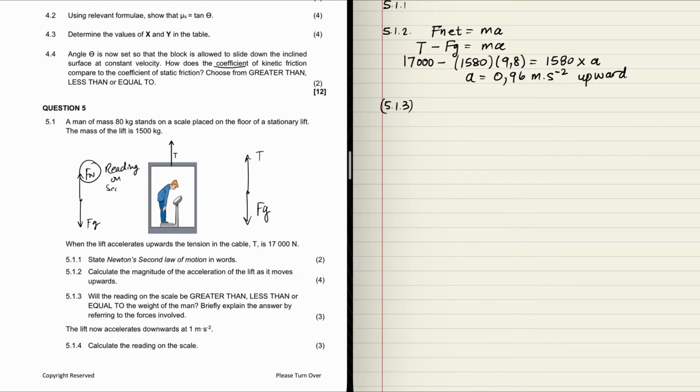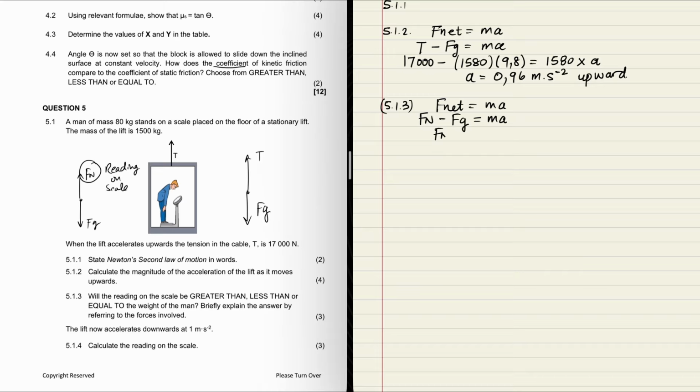Reading on the scale. So we can apply F net equals ma for this man. So F net equals ma. Now the man is moving upward, so it makes sense to choose up as positive. So we'll say Fn minus Fg is equal to ma. Now Fn is the reading on the scale.